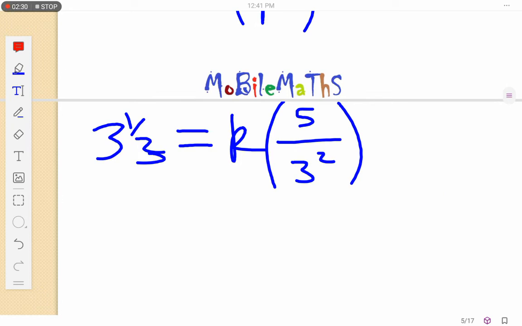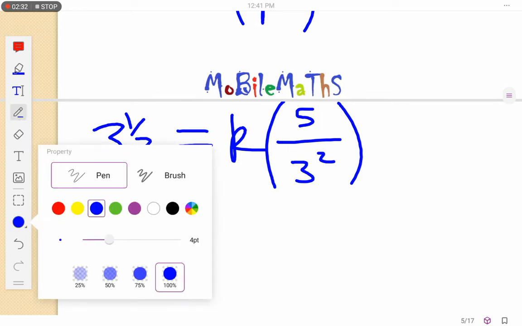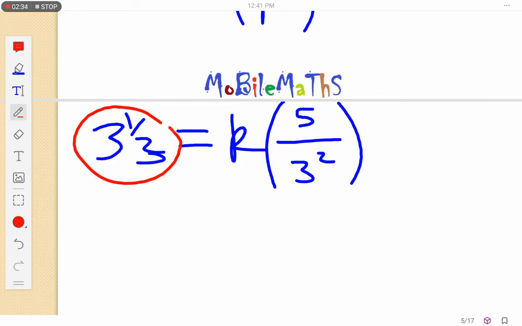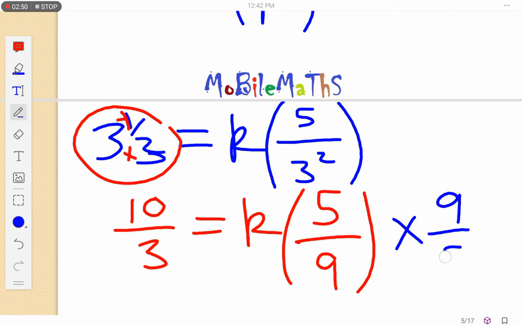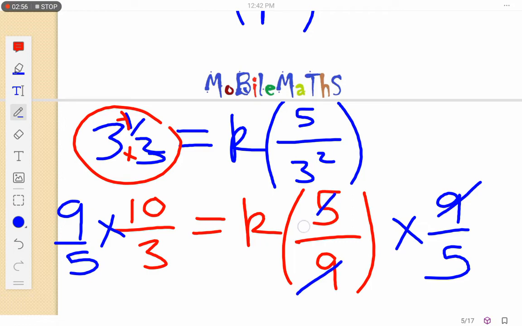I would like to write this value of P as an improper fraction, so I'll have 10 over 3 is equal to K times 5 over 3 squared, which is 9. So to get my K, I'm going to multiply both sides by 9 over 5, so that I cancel 9 and 9, 5 and 5.